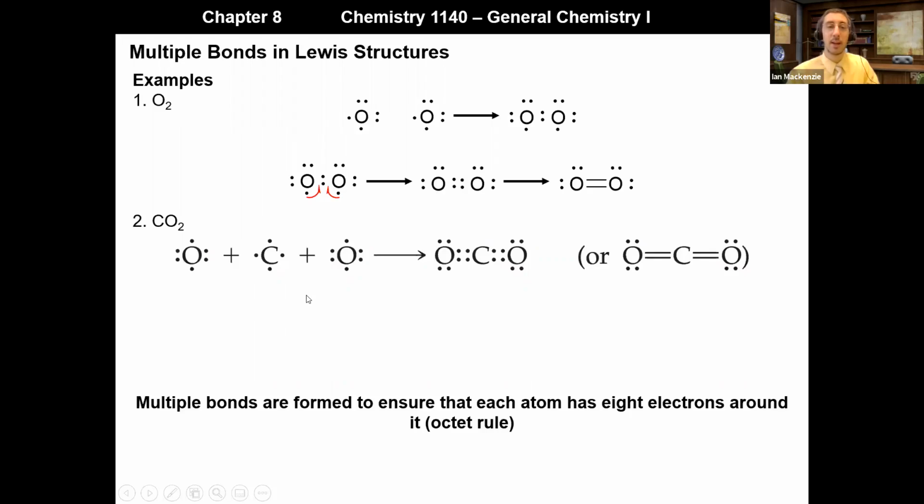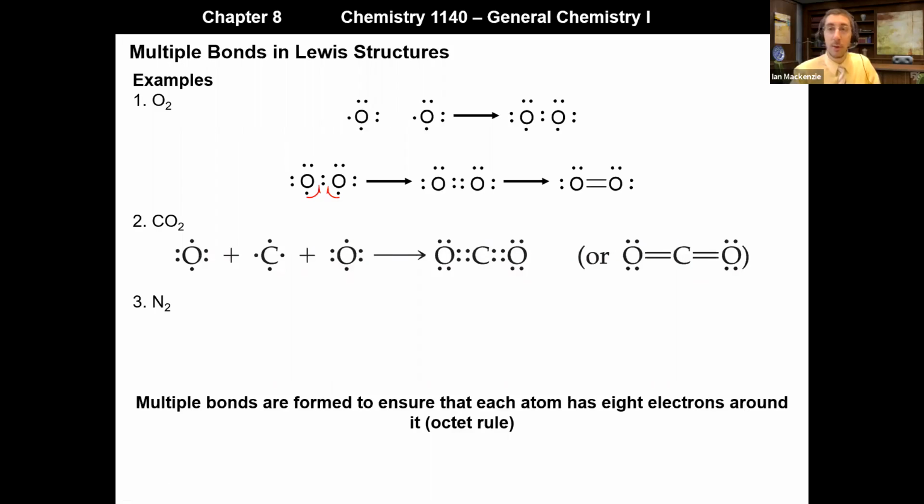And then if we take one electron from each element to form an additional bond, we'll find we're sharing 2 electron pairs on each side of the carbon. So carbon is sharing 2 electron pairs with the oxygen on the left and 2 electron pairs with the oxygen on the right. So it ends up having 2 double bonds attached to it in this case.